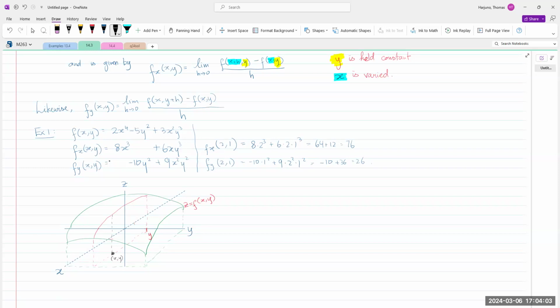Now then, the partial derivative with respect to x means what? If you move in the x direction holding the y constant, then how far up or down will the value of your z go?